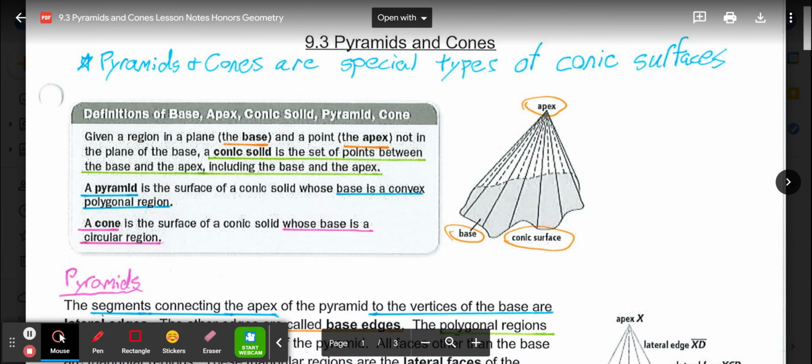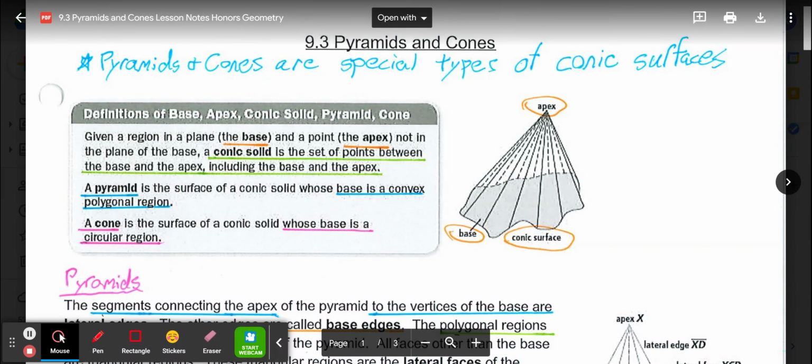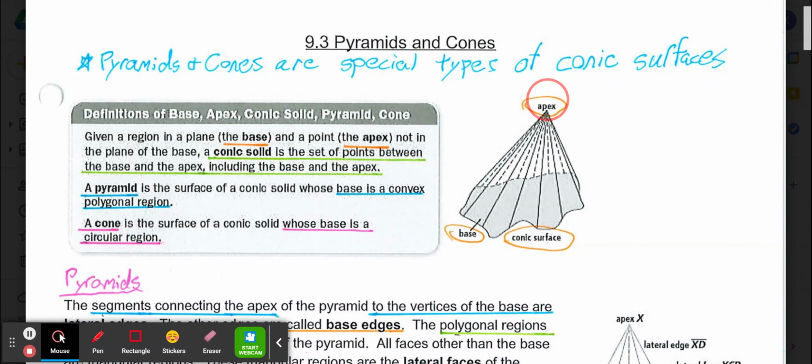So the definitions of a base, an apex, a conic solid, a pyramid, and a cone. Given a region in a plane, the base, and a point not on that plane, which in this case would be considered the apex, that is what creates a conic solid.